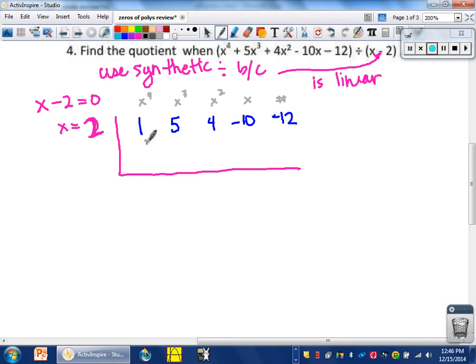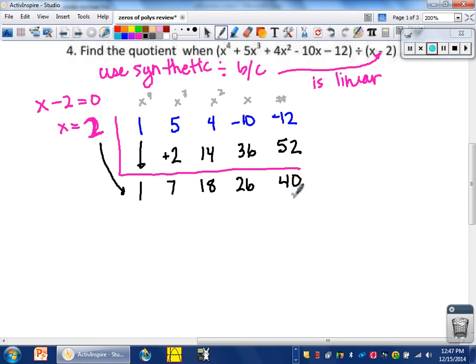Okay, so the process of synthetic division, you always just drop down that first term, and we multiply. 2 times 1 is 2, and add. 5 plus 2 is 7. 2 times 7 is 14, and we add 4. 2 times 18 is 36, and we add 26. 2 times 26 is 52, and we add 40.